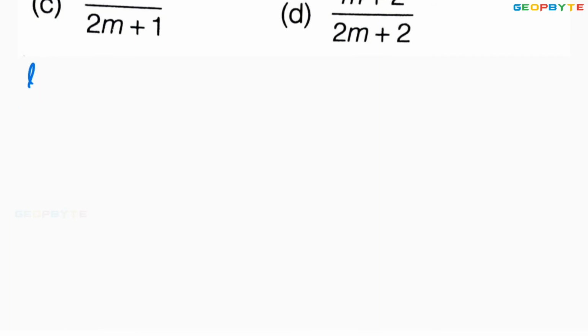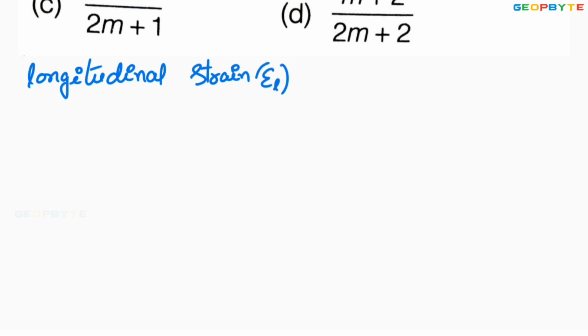Longitudinal strain can be written as epsilon L is equal to sigma L by E minus sigma C by mE, where sigma L equals longitudinal stress, sigma C equals circumferential stress, also called hoop stress.